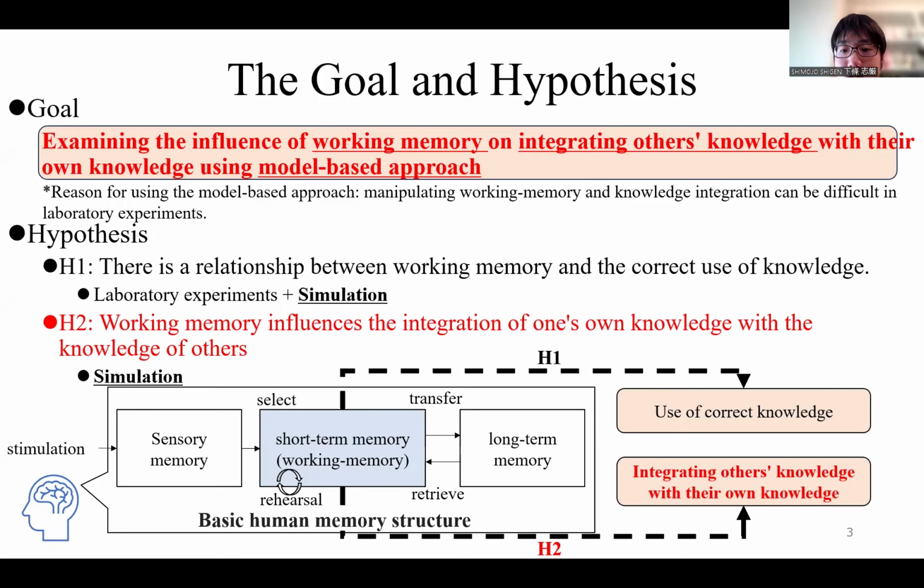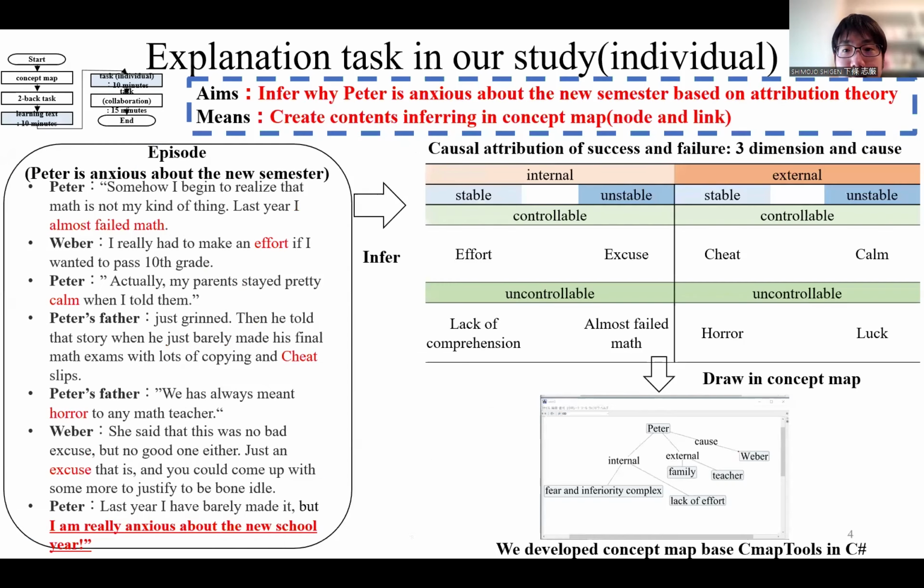In the hypotheses of this study, H1 is that there is a relationship between working memory and the correct use of knowledge. H2 is that working memory influences the integration of one's own knowledge with the knowledge of others.